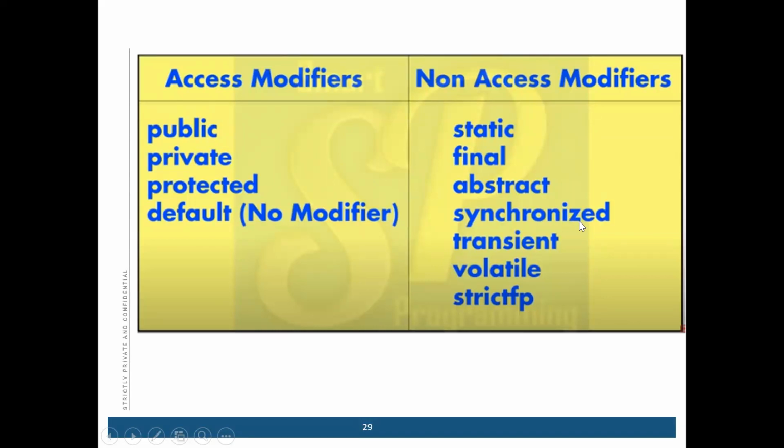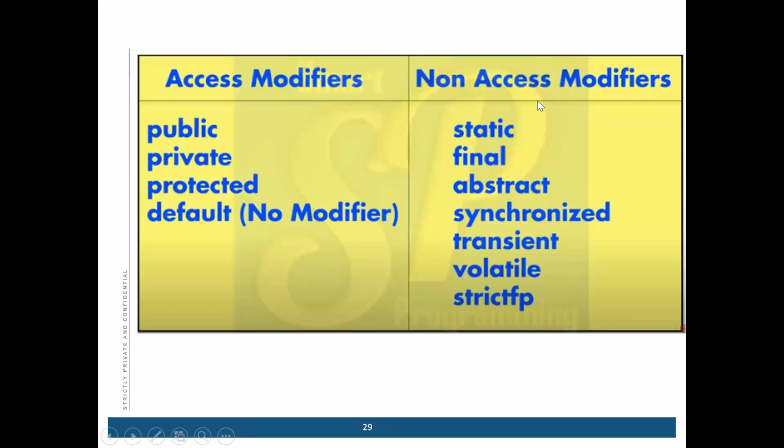What is synchronized? Chavi has heard it for the first time, so just in one line: it's a non-access modifier. These are all non-access modifiers, and those are access modifiers. In the next class we will learn about the non-access modifiers and the static modifier. What is an access modifier?